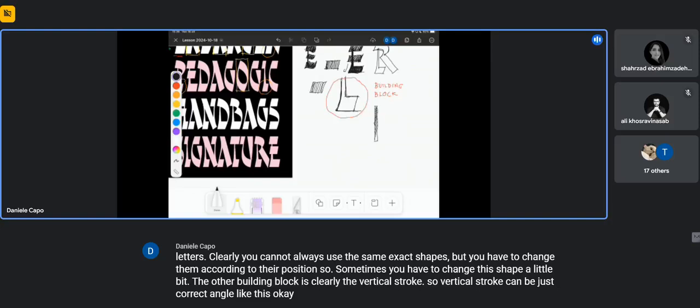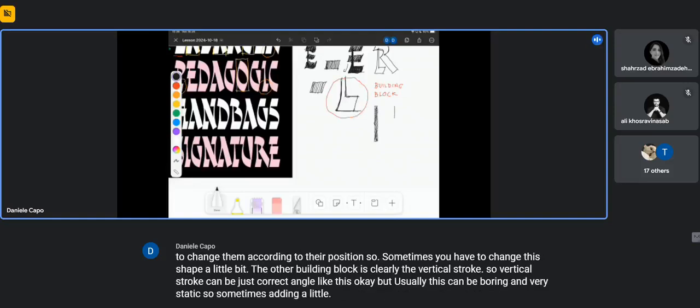But usually this can be boring and very static. So sometimes adding a little flare like this can add interest and movement to your letters.